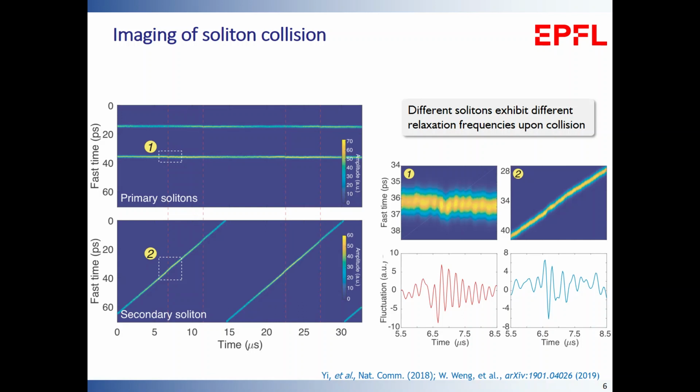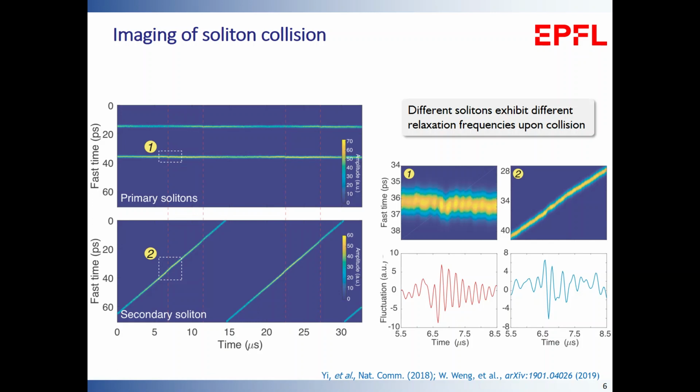But the most important thing is that if we look at the power fluctuation oscillation, you will see that these two different kinds of solitons exhibit very different oscillation periods, oscillation frequencies, right? So this is a unique feature of dissipative cavity solitons: each soliton has what is called soliton relaxation oscillation.